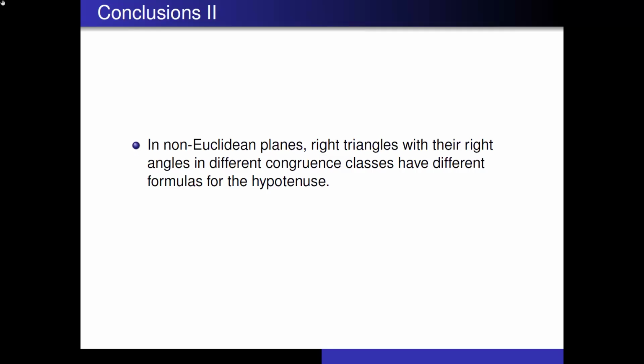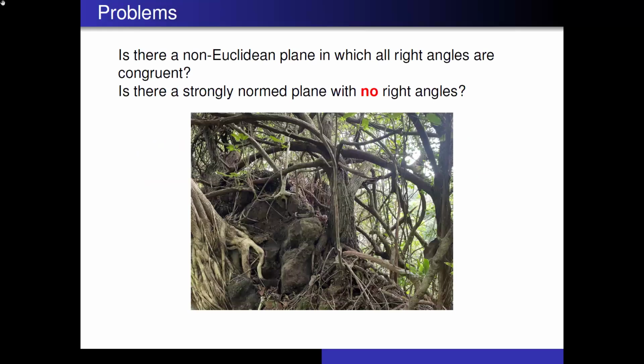Here's the problem: is there a non-Euclidean plane in which all right angles are congruent? Because that would mean the Pythagorean theorem does not imply Euclidean. In particular, is there a strongly normed plane with no right angles? I cannot find one. I've tried all sorts of things, and it's a thorny problem.